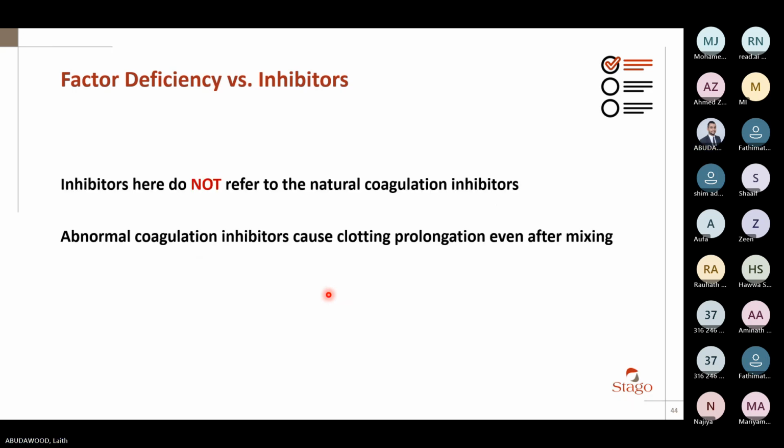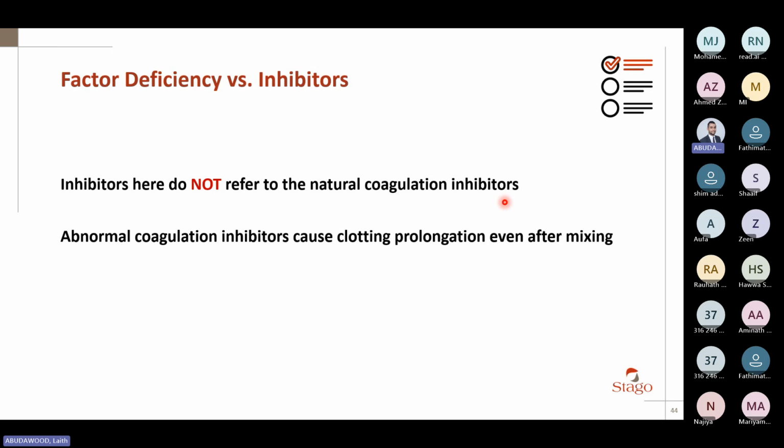So when I say inhibitors, I am not referring to the natural coagulation inhibitors, the natural anticoagulants in your blood. Do you know what natural anticoagulant inhibitors I'm referring to here? What are the proteins in your blood that act as anticoagulants? Because this will be relevant in the next section.